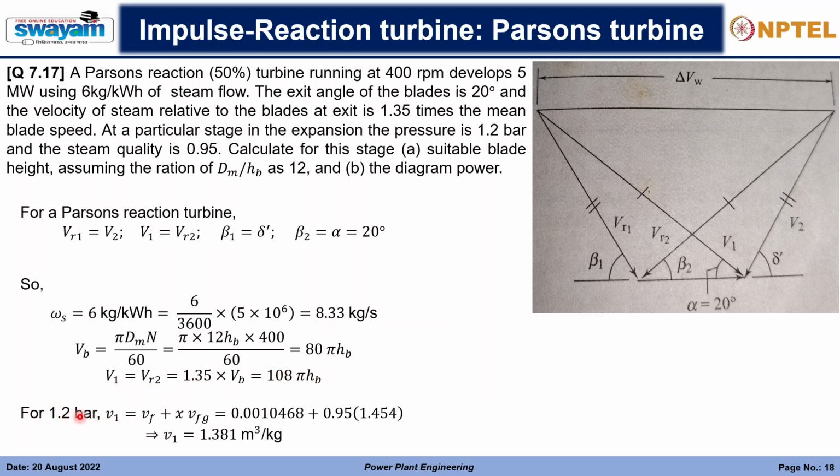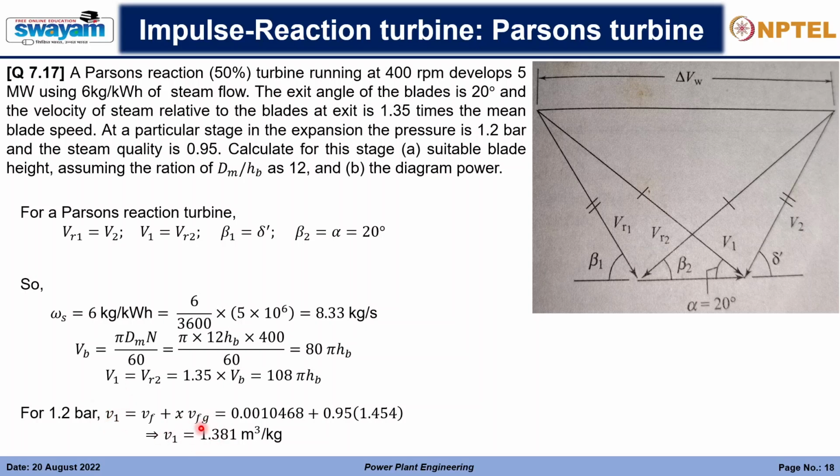The expansion pressure was given as 1.2 bar and the steam quality is 0.95. From that, we calculate the specific volume.